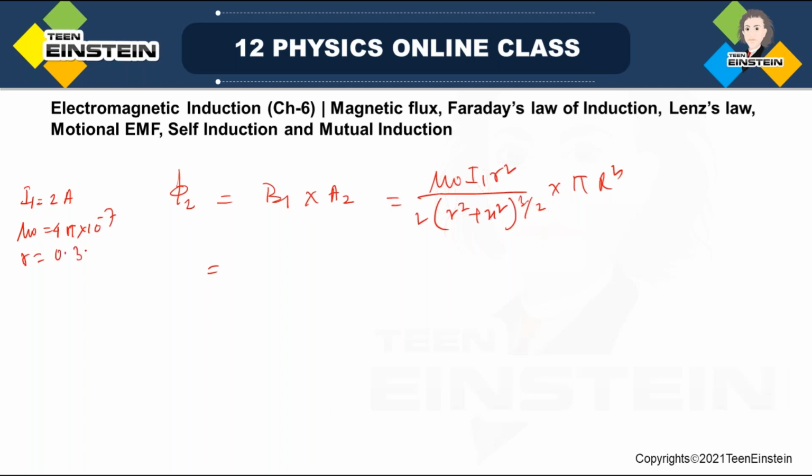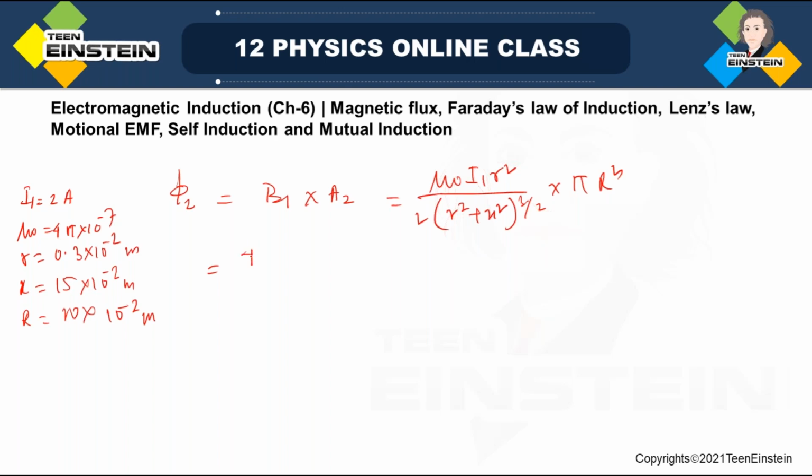Okay, 0.3 centimeter, if we make it meter, 10 to the power minus 2. And what else, x is given as 15 centimeters, so 15 into 10 to the power minus 2 meter. Okay, so capital R is given as 20 centimeters, so 20 into 10 to the power minus 2 meter.